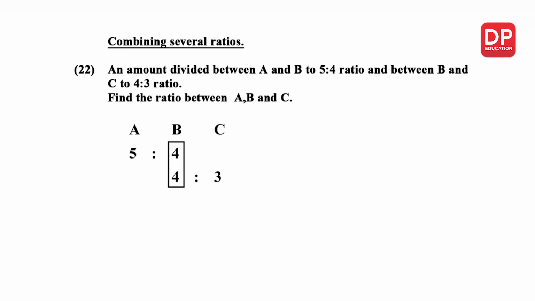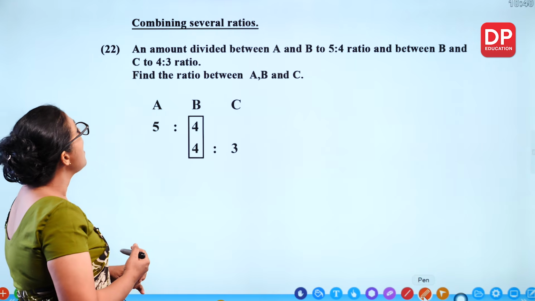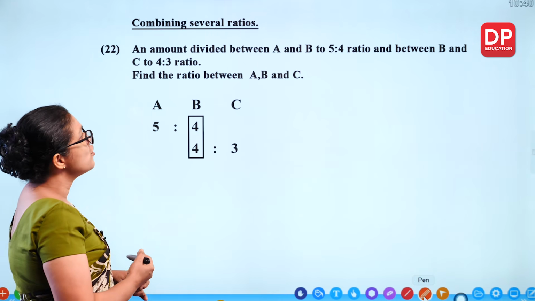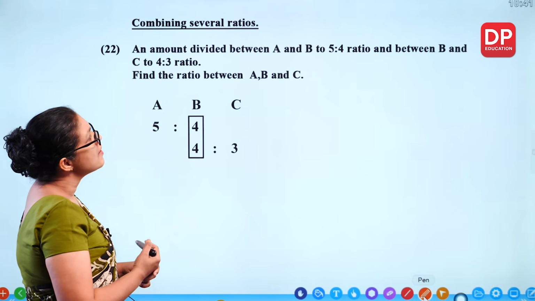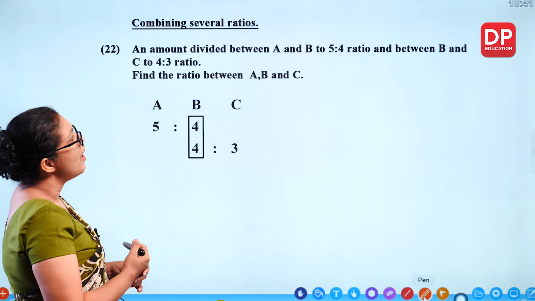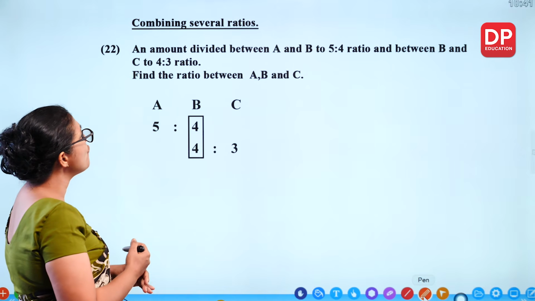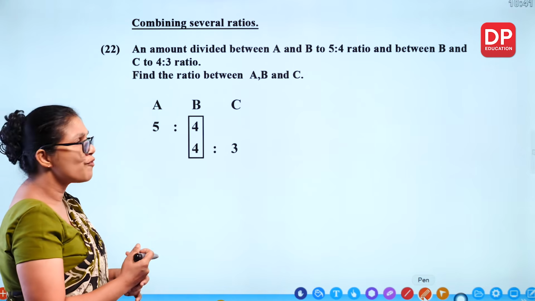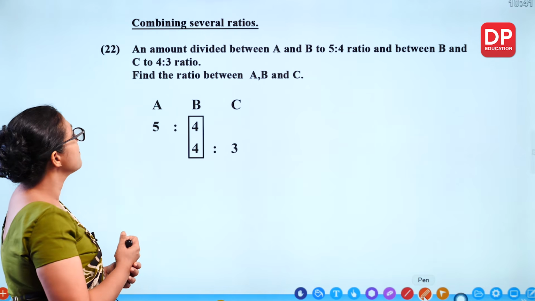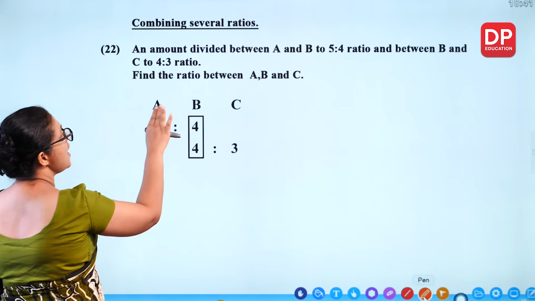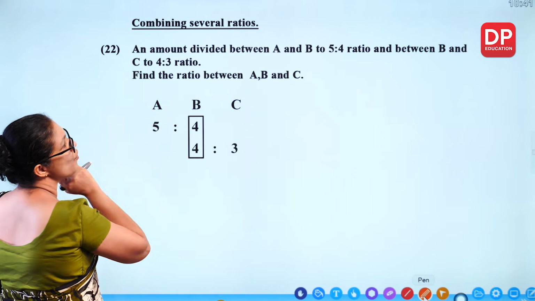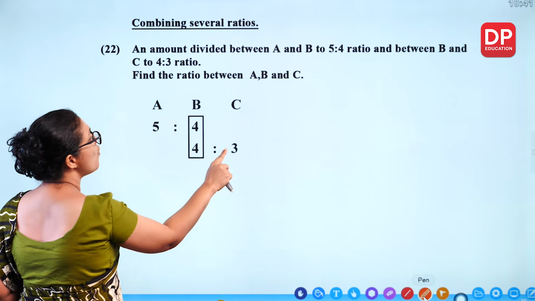Combining several ratios. Look at this question. An amount divided between A to B is 5:4 ratio. And between B and C, 4:3 ratio. Now you are asked to find out the combined ratio for A, B and C. So how you do? A to B is given 5:4. B to C is given 4:3.